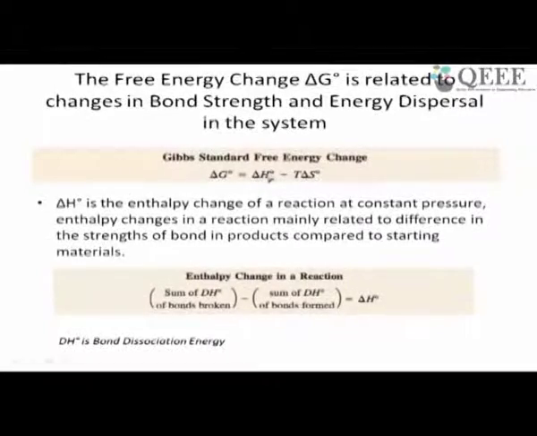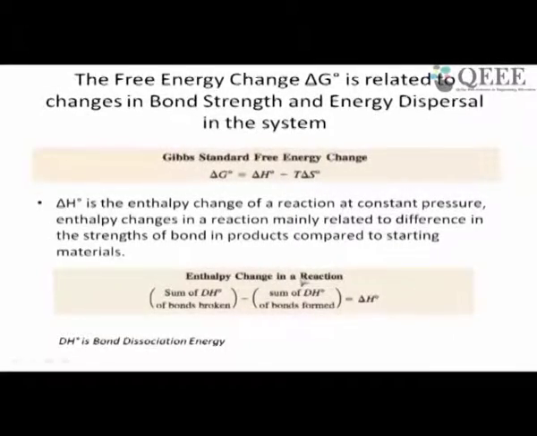That is, delta H basically gives us information about the change in the energies of the bonds, and delta S is the energy dispersal in the system. I'll talk about delta S in detail in the next slide.